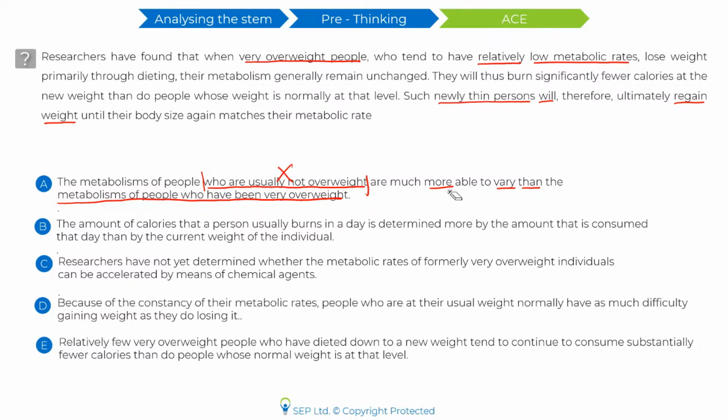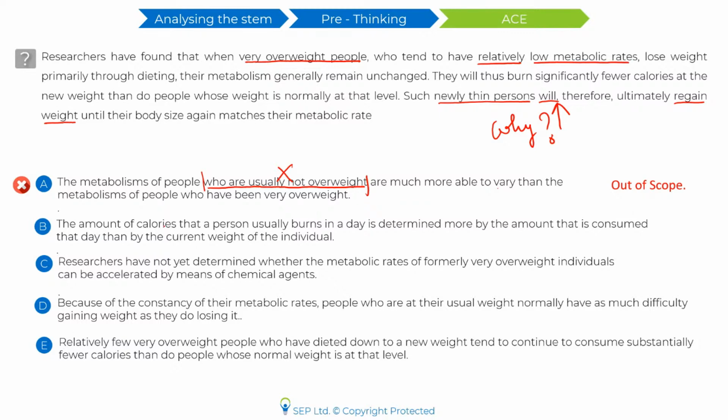So A doesn't give me any new information. It gives me all the wrong sorts of information. It's out of scope. It is not telling me why the newly thin people will regain weight. Okay, let's read B.